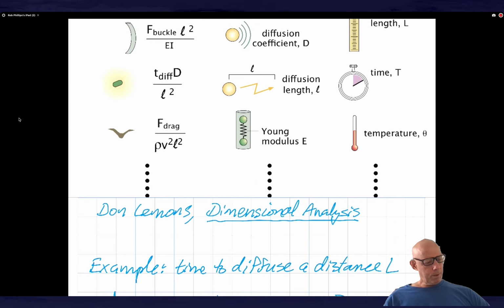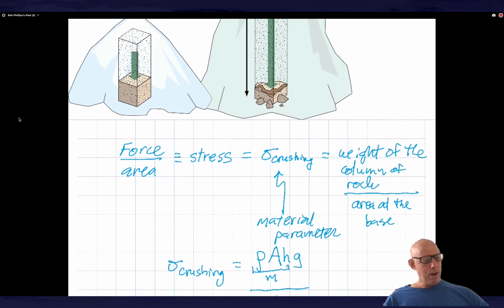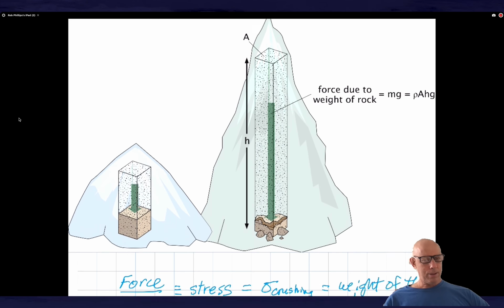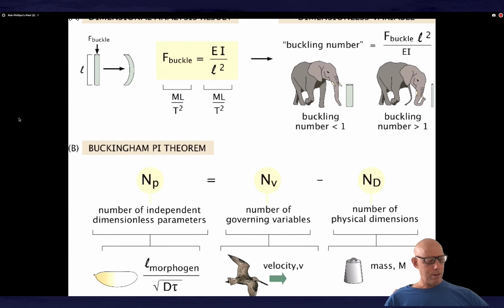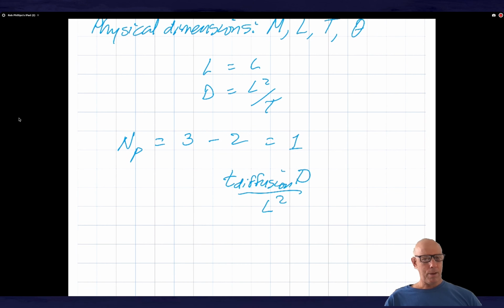And so with that as our introduction, what I'm going to do now is talk about some specific scaling results over the term as we think about things like, for example, the length scale over which a morphogen will be created in an embryo, or the force scale associated with the drag on a bird that's flying during a migration, and so on.